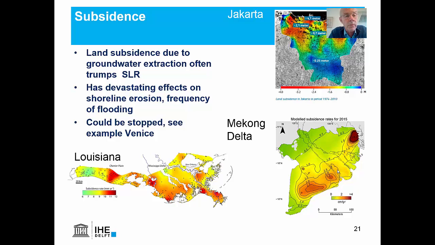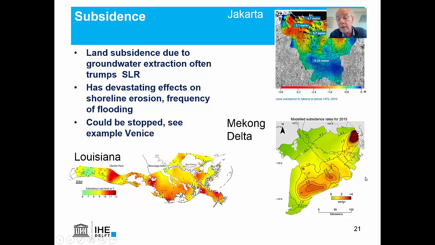Then, to make things worse, a lot of delta areas are experiencing huge subsidence. Here are examples from Jakarta, 4 meters in 30 years' time. Louisiana, also meters.